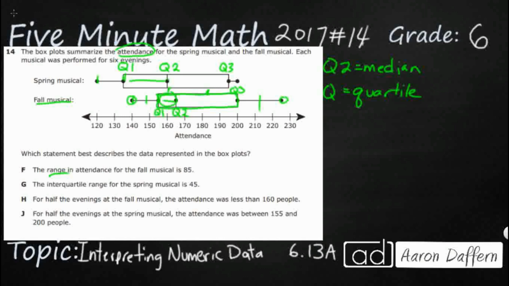So let's look at our fall musical. And let's just assume this is halfway in between 220 and 230. So that's going to be 225. And we've got 140. So let's see, 140.